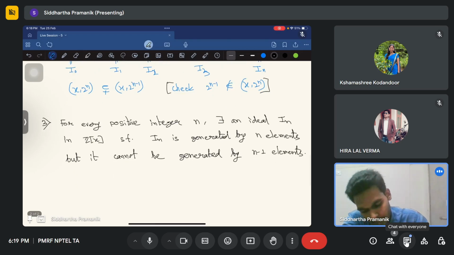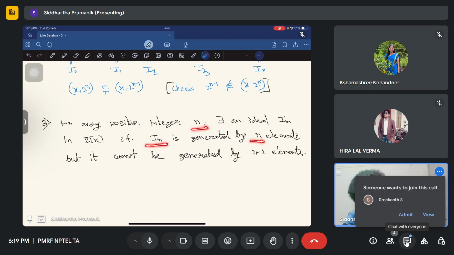So you can take arbitrarily large n, then you can find an ideal which is generated by exactly n elements. If you take fewer than n elements, then you cannot find any generating set for that I_n.